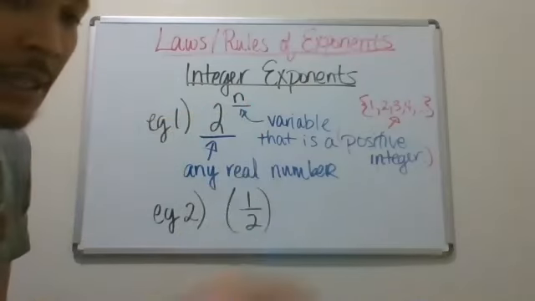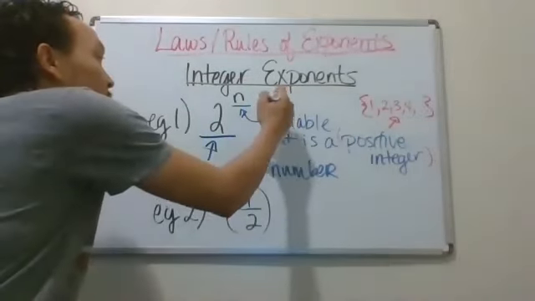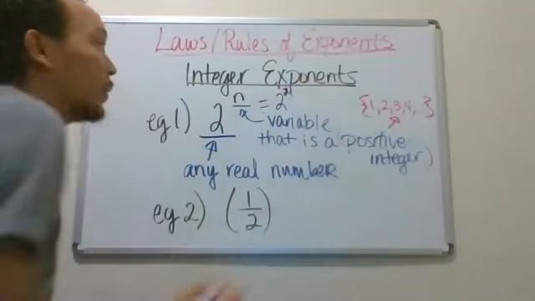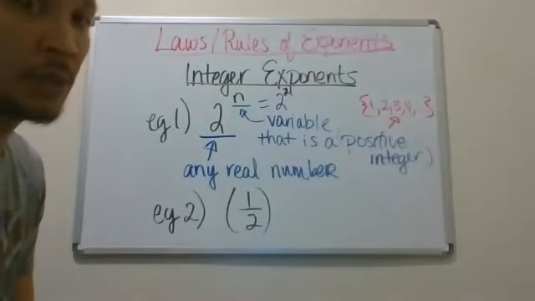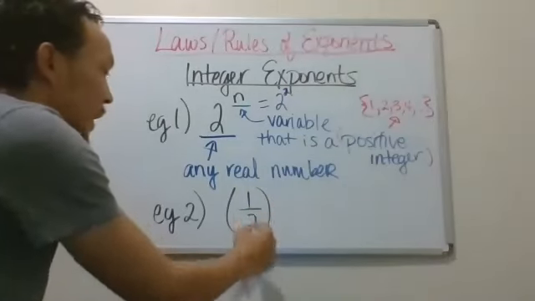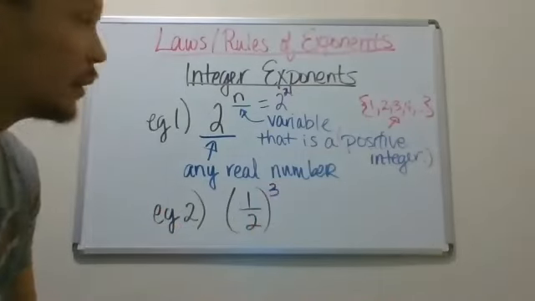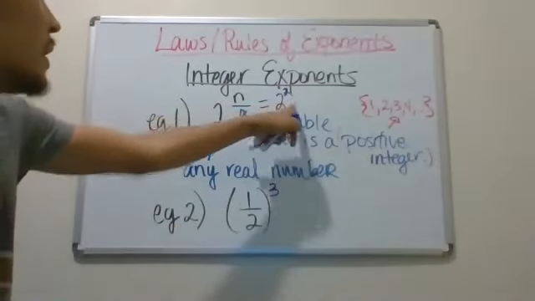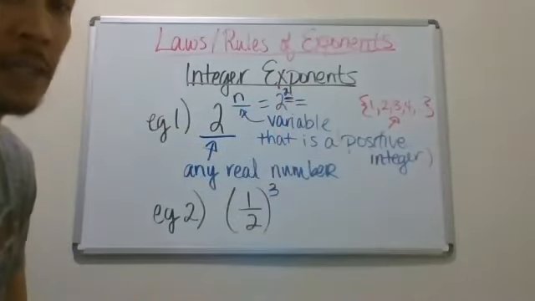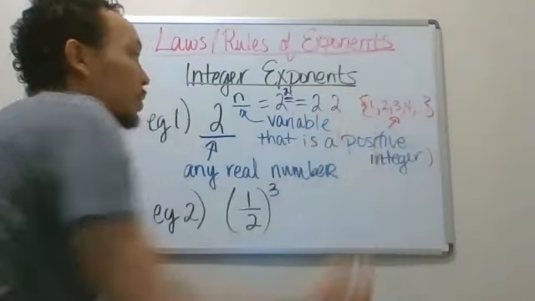So another example of what potentially could come out of this would be 2 to the 2nd power, or we could say 1/2 to the 3rd power. What this means is we're going to take this 2 and multiply it by itself 2 times. So it would be 2 times 2.